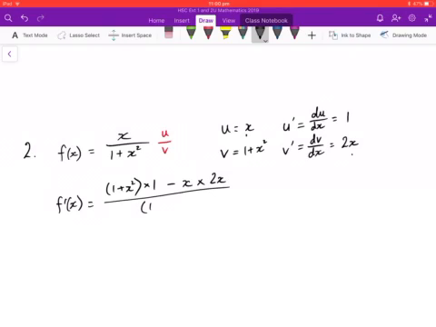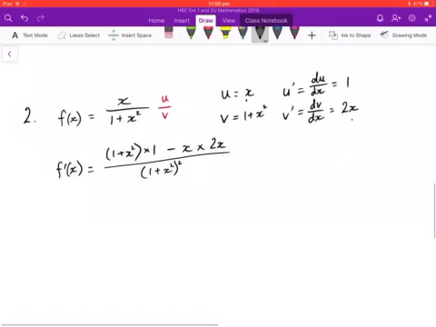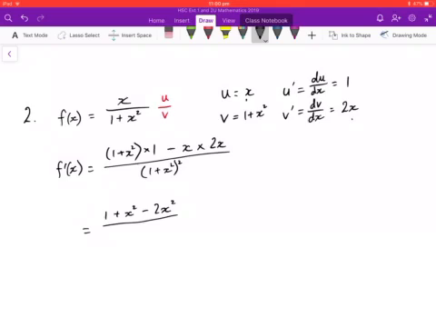So that's (1 + x squared) squared. Okay, now once I've substituted things in correctly, I would then expand and simplify. So it's 1 plus x squared, because I'm just multiplying by 1, it doesn't change, minus 2x squared over (1 + x squared) all squared. And this becomes (1 - x squared) over (1 + x squared) all squared.